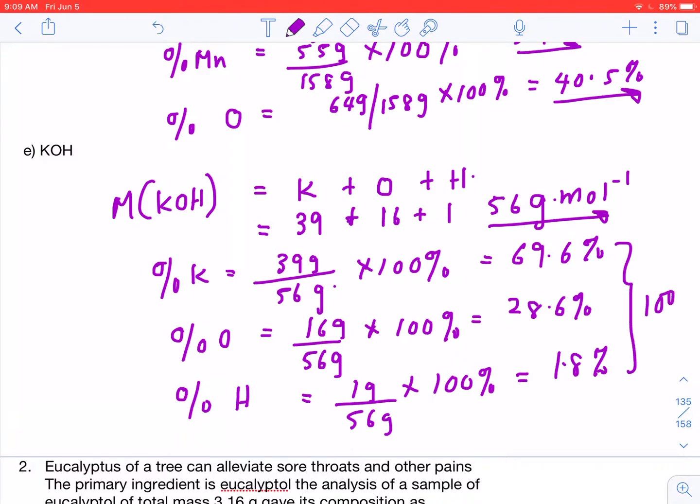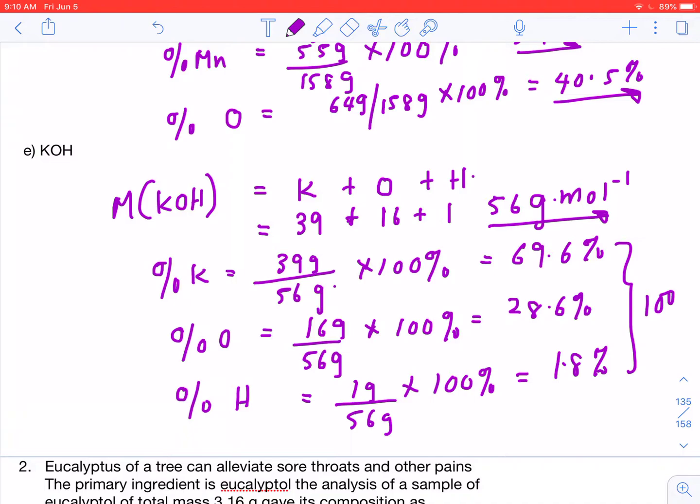So what I'm in essence saying, if I've got 100 grams of potassium hydroxide, I will have 69.6 grams of potassium and 28.6 grams of oxygen and 1.8 grams of hydrogen in here.